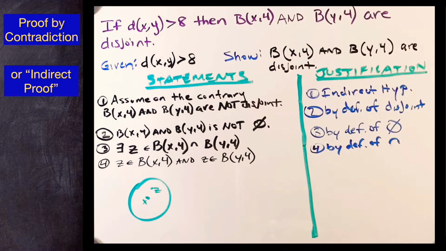This means that if we say the distance from our center to the radius is 4, then that point Z must be less than the actual radius of 4.